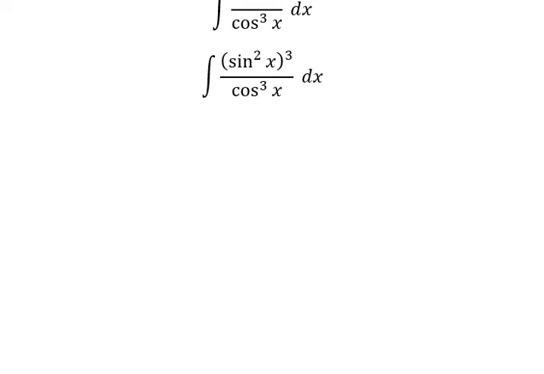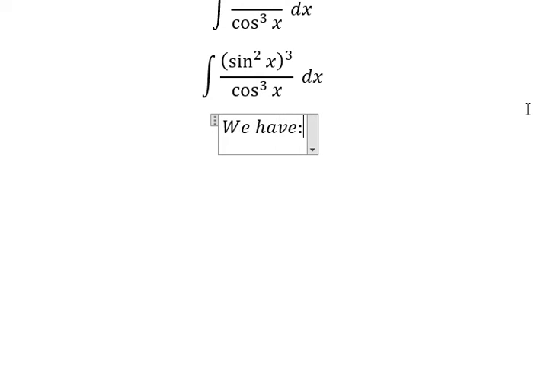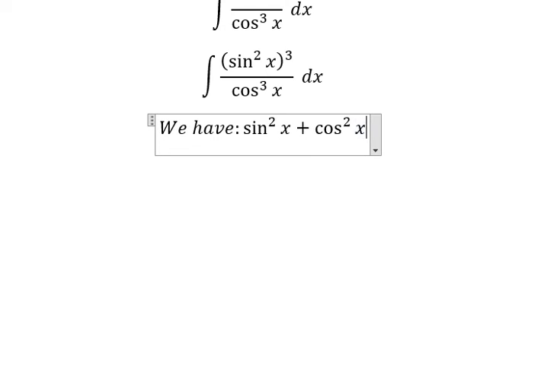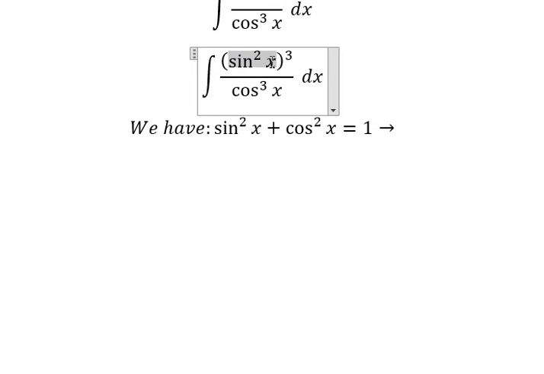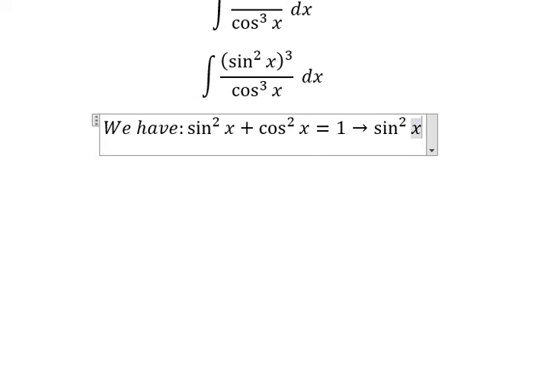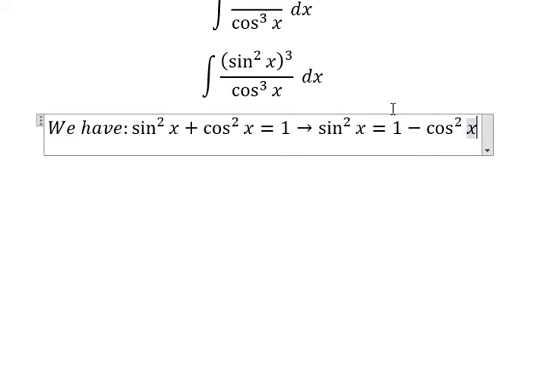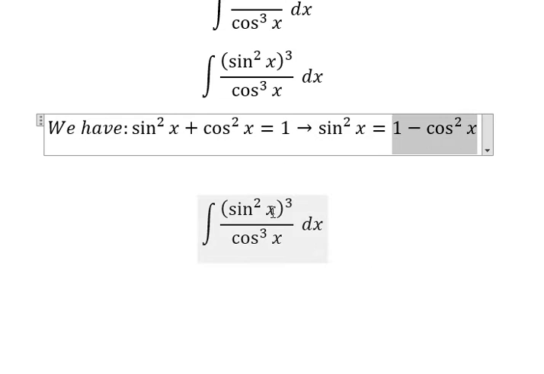Next, we have the formula in here. Sin x squared plus cosine x squared equals number 1. Now, because we have sin x squared, I will move cosine x squared to the right. So I will put this one going here.